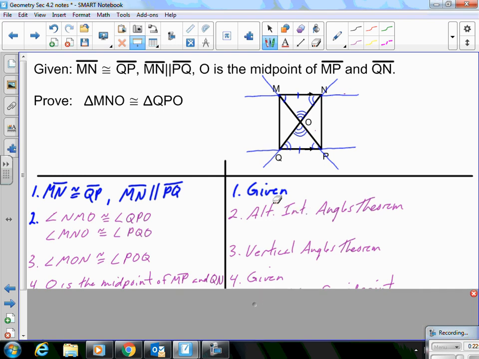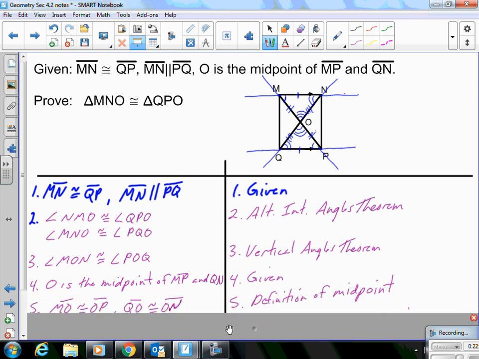And since it's the midpoint, that means it splits it in half, so it makes two congruent segments, right? So it's the midpoint of MP, so MO and PO would be congruent to each other, and NO and QO would be congruent to each other by the definition of midpoint.